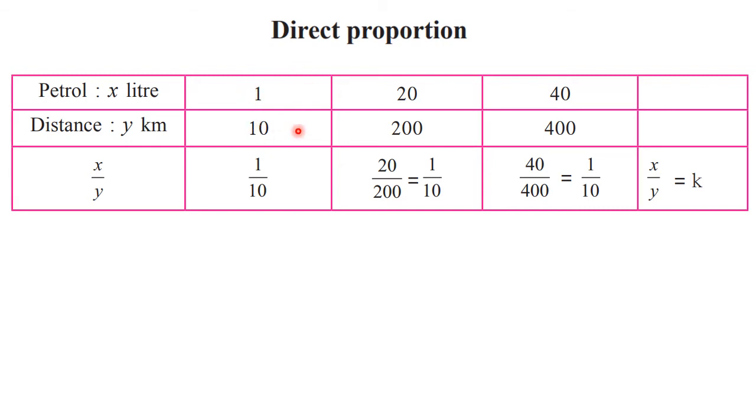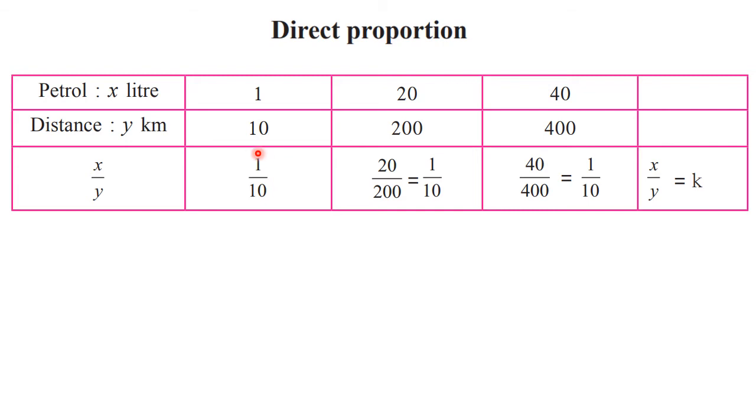So here if we try to find out x upon y, that means if we divide x by y, so see here 1 upon 10 as it is written, then 20 upon 200, if you reduce it, 20 ones are 20 and 20 tens are 200, so here also you are getting 1 upon 10. If you reduce 40 upon 400, then also you are getting 1 upon 10.